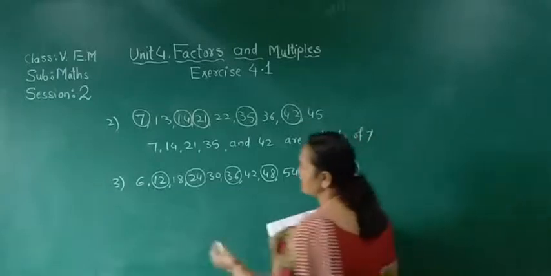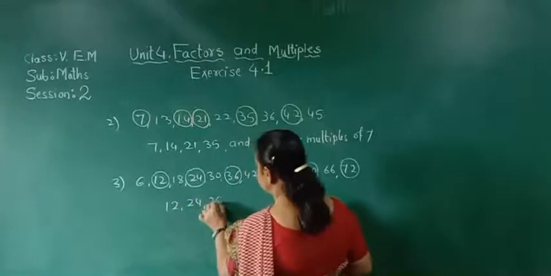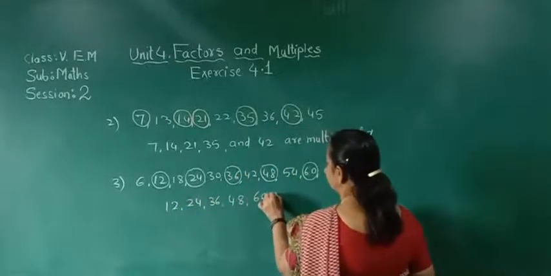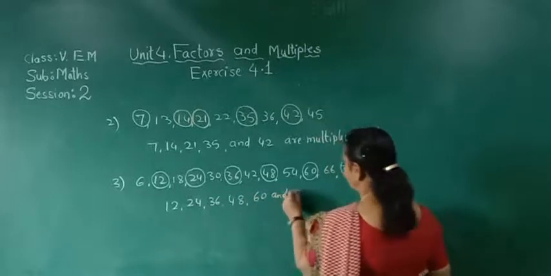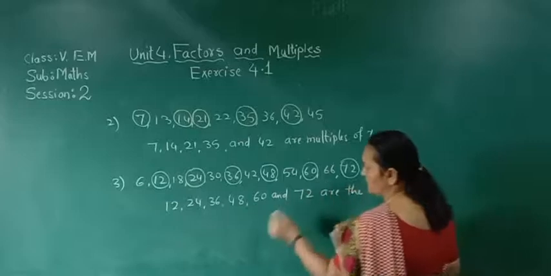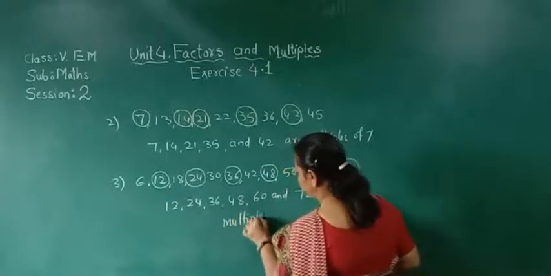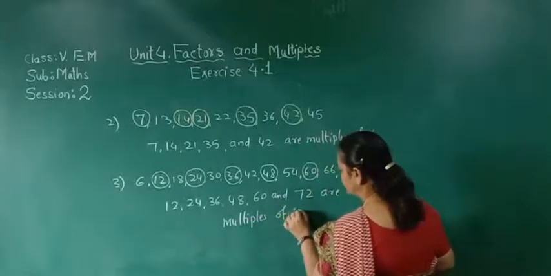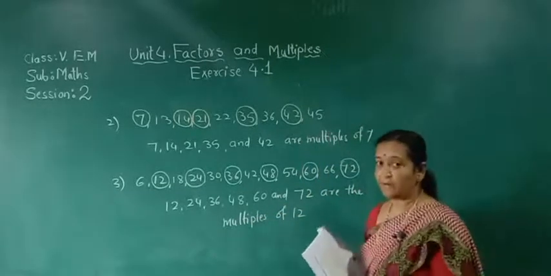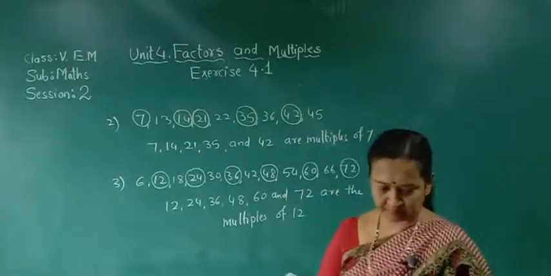So let me write answer here: 12, 24, 36, 48, 60 and 72 are the multiples of 12. This understood, children? We should find multiples of given number. Then fourth question.